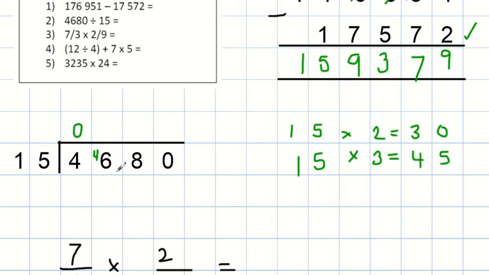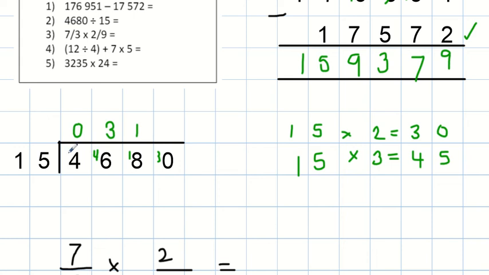That's as close as I can get to 46. So 15 goes equally into 46 3 times with 1 remainder. So now we're thinking 15 into 18. Well, that goes once with a remainder of, well done everybody, a remainder of 3. If we count on from 15, 16, 17, 18, we have a remainder of 3.